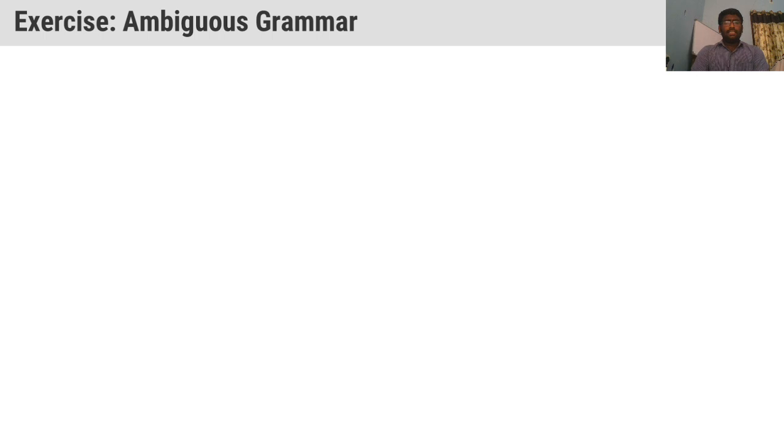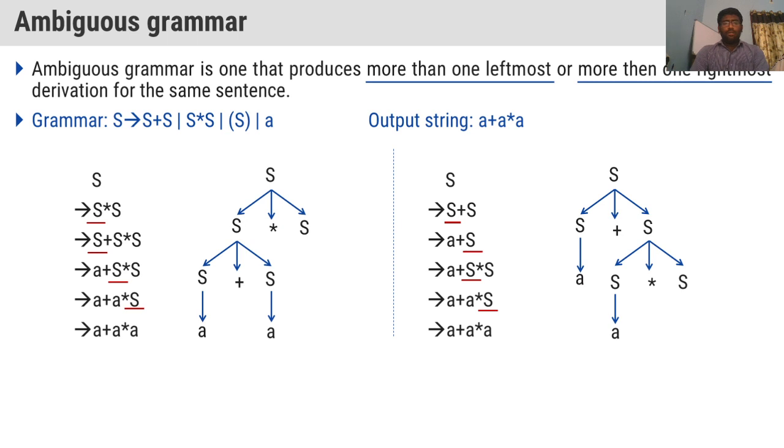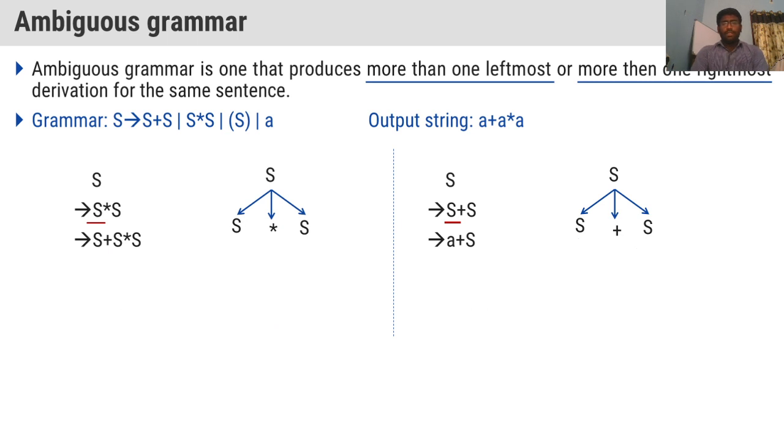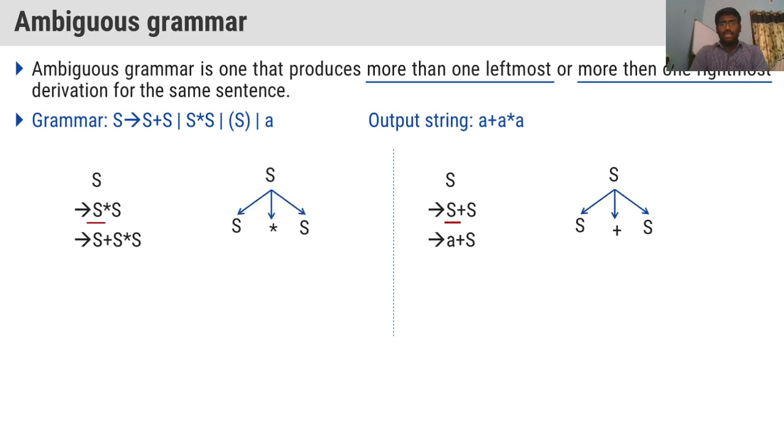And you see the exercise, solve these examples. Hope you all understood what is ambiguous grammar. This is the one which produces either more than one leftmost derivation or more than one rightmost derivation for the same grammar. And you know how to derive two LMDs? You should not start with the same productions, and the parse trees of both LMDs must be different.